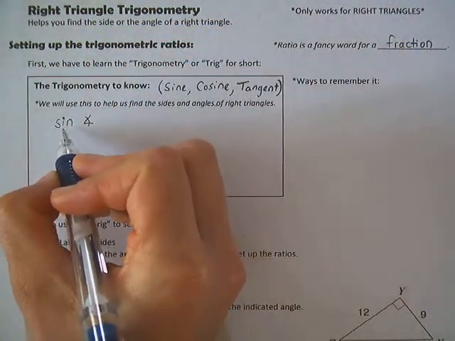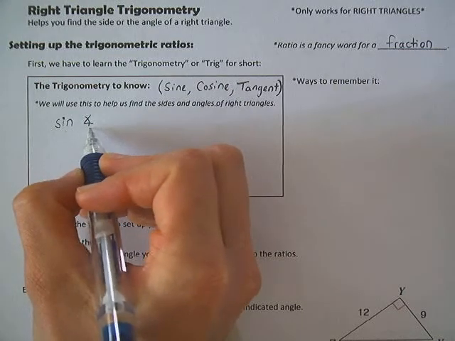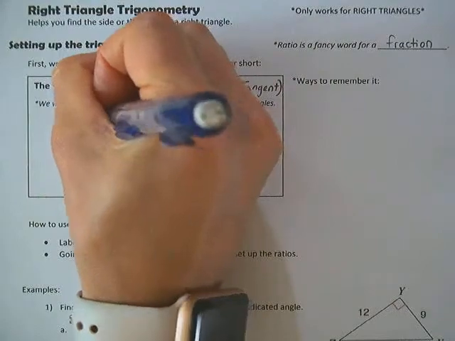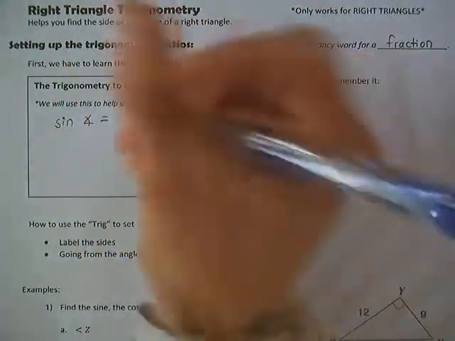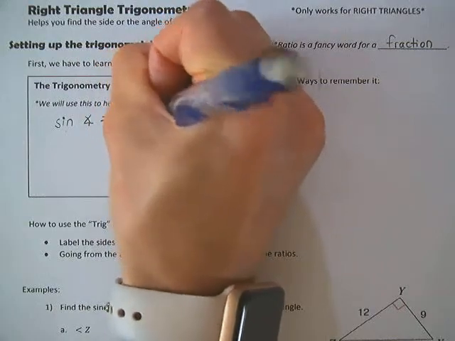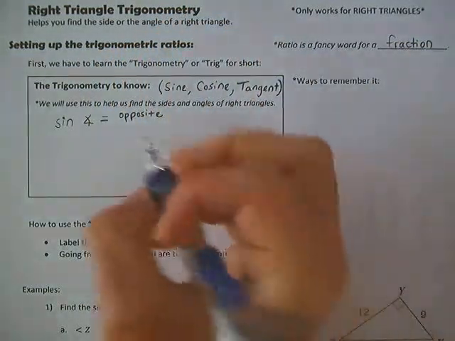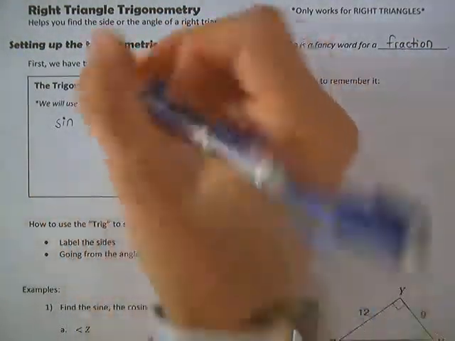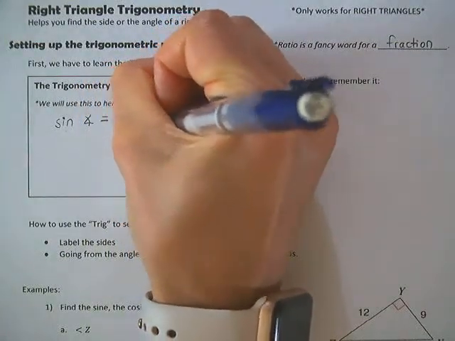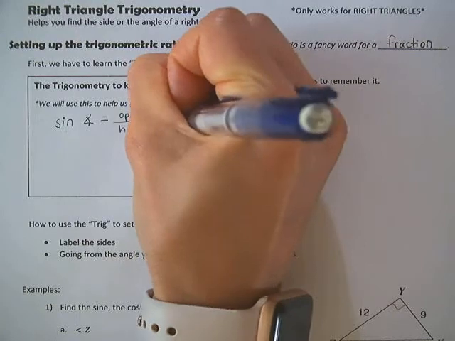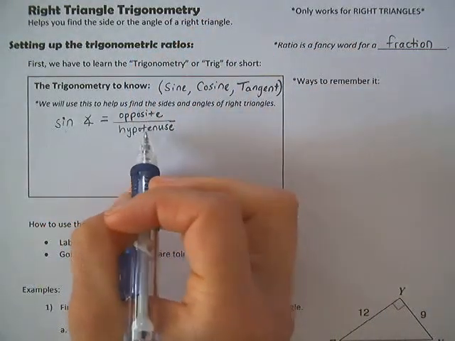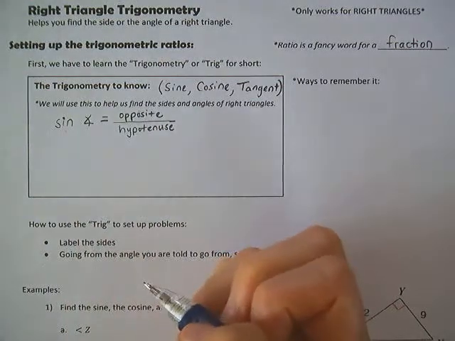When you take the sine of the angle that you're standing at, it equals the opposite side of that angle over the hypotenuse in that right triangle. So the sine of an angle is equal to the opposite side over the hypotenuse.